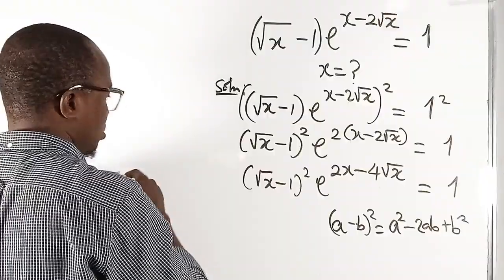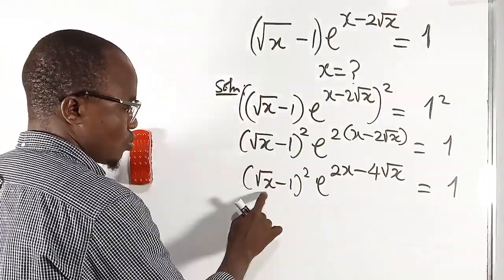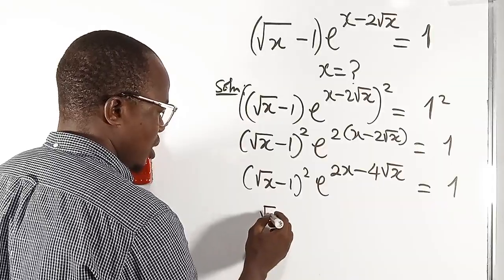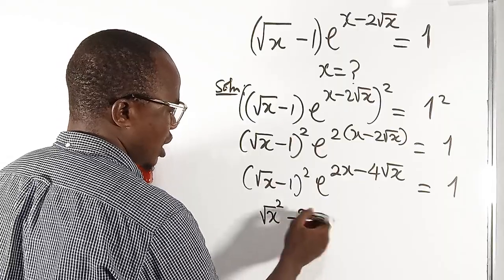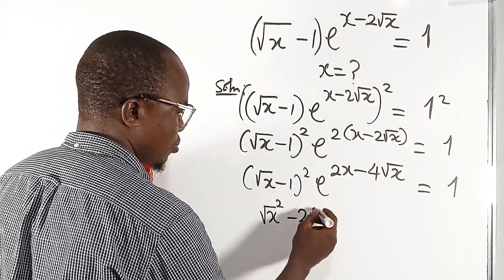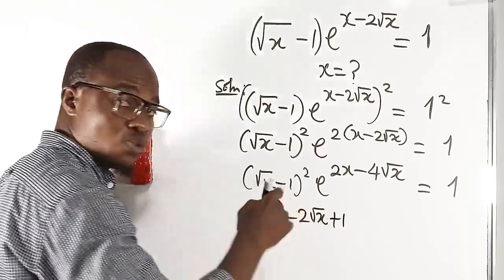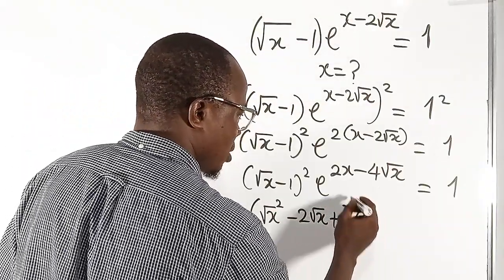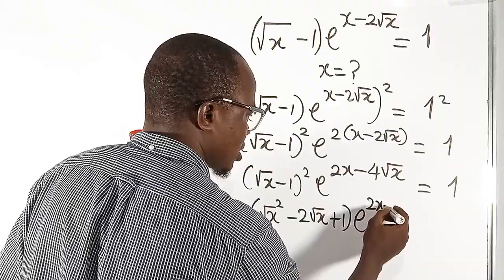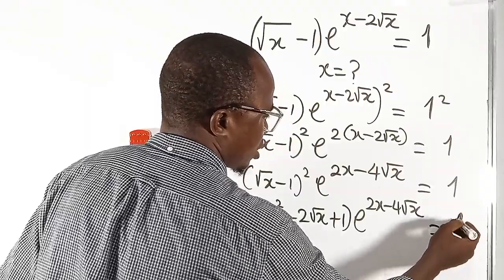Understood? So now we are going to have root x squared, then minus 2 times root x, then plus 1, because 1 squared gives us this, then multiplied by e to the power of 2x minus 4 root x equals 1.